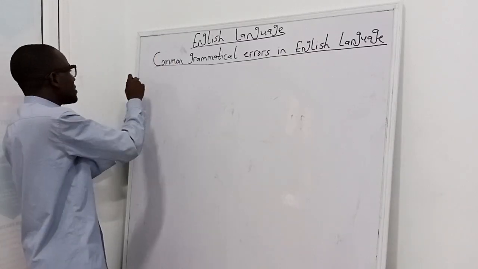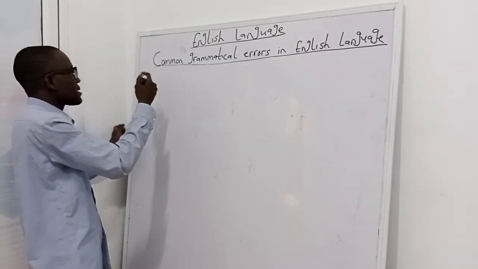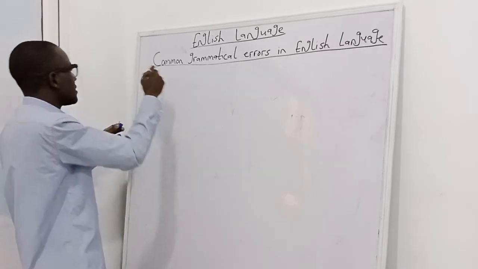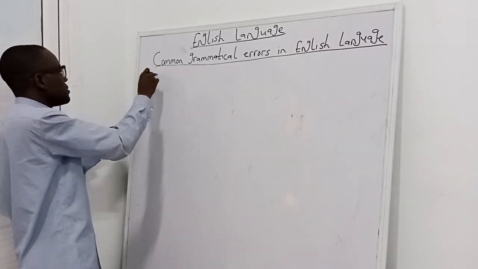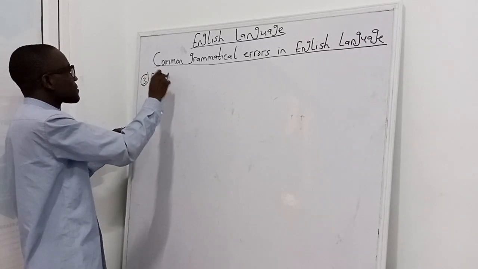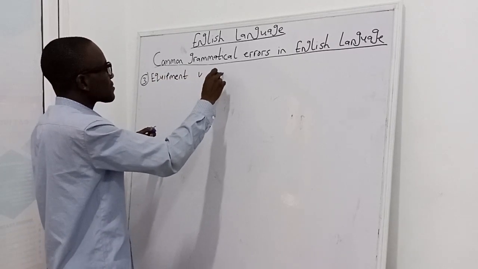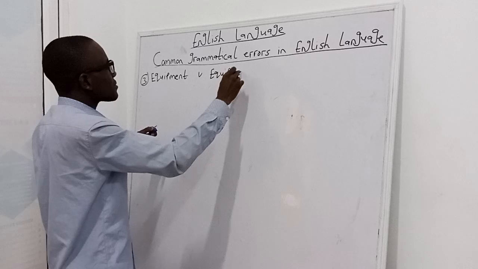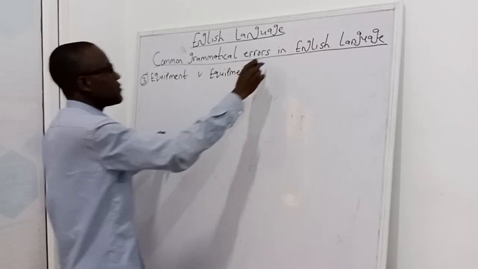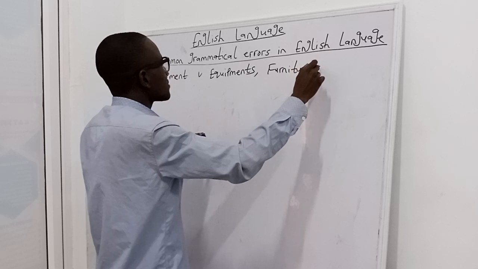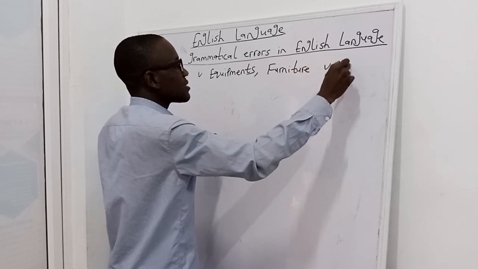Now the next one, another common grammatical error that people tend to fall into most times, the difference between equipment and equipments, furniture and furnitures.